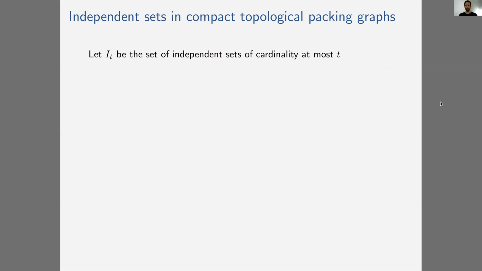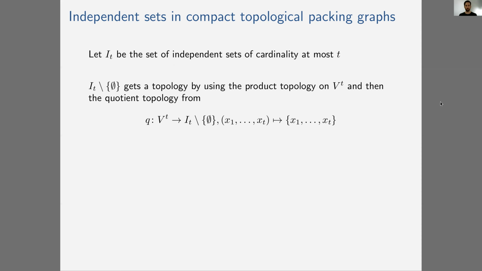Okay, and then I want to go to independent sets in these compact topological packing graphs. Here's a bit of notation. We'll use I sub t for the set of all independent sets of cardinality at most t. We have a topology on the vertex set, and now we also want a topology on these sets of independent sets. How do we do it? There are many equivalent ways.